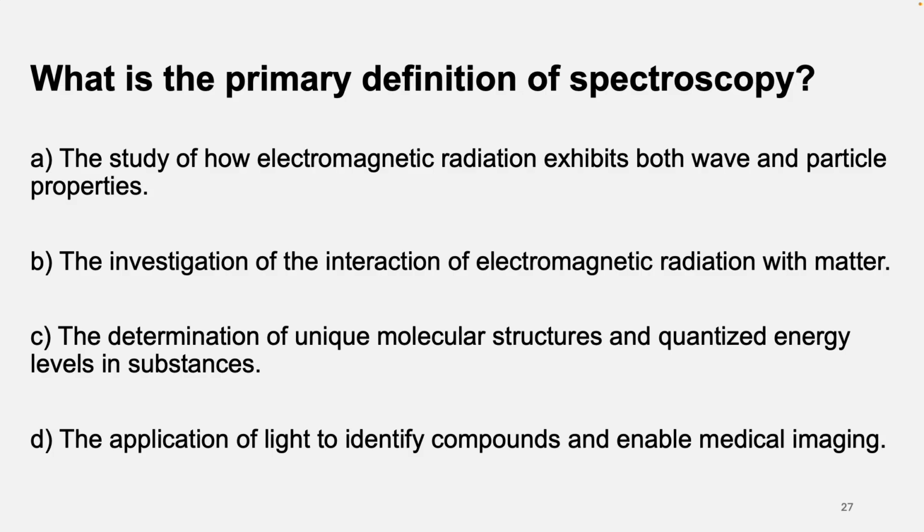The study of how electromagnetic radiation shows both wave and particle behavior; the investigation of the interaction of electromagnetic radiation with matter; the determination of molecular structures and quantized energy levels; the application of light for compound identification and medical imaging.